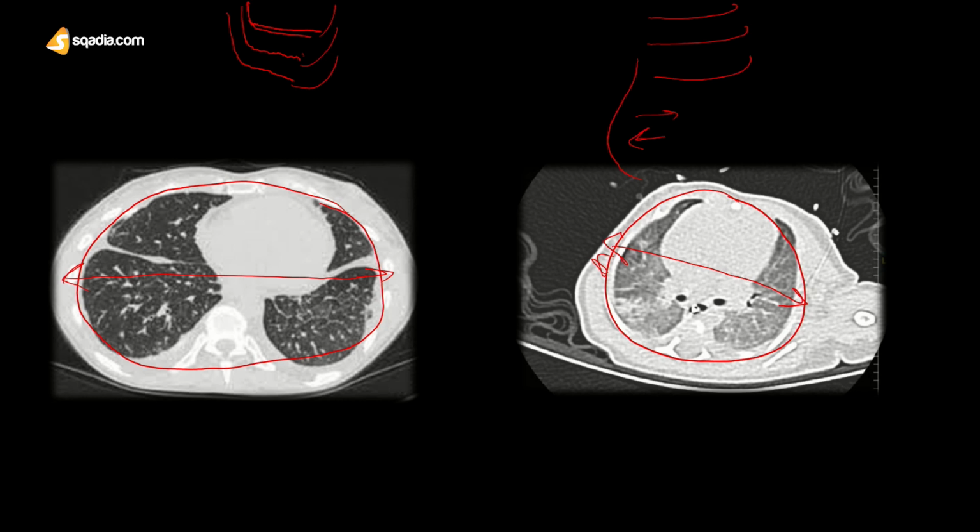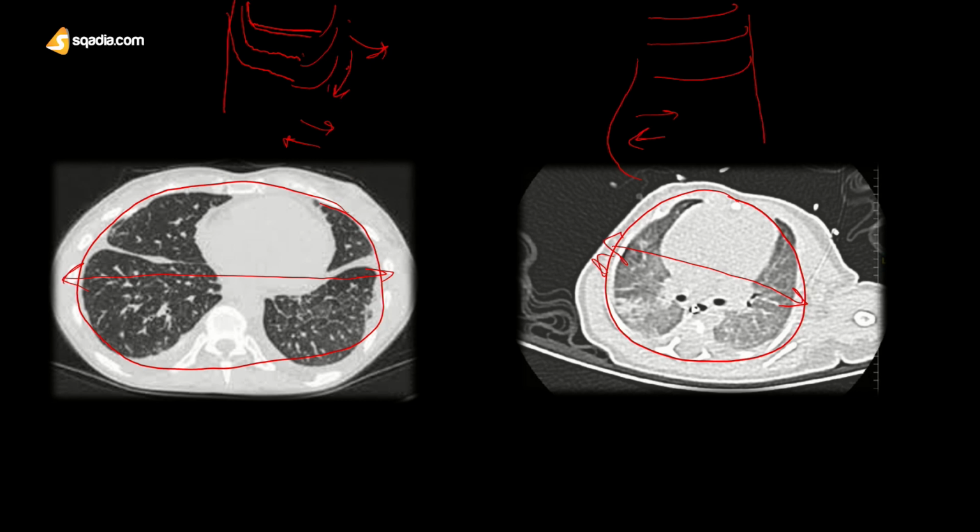Whereas in the adult, the ribs also move outward, they expand, and the sternum moves outward. And the abdomen also moves in and out with respiration. Just imagine this is the back of the child.